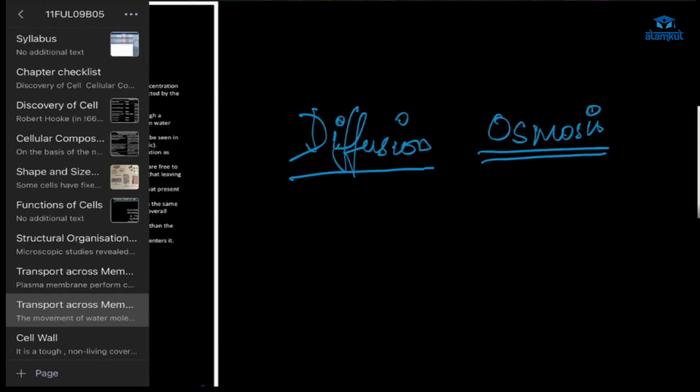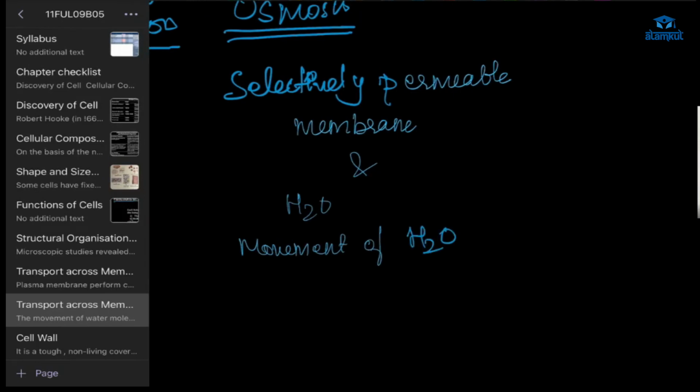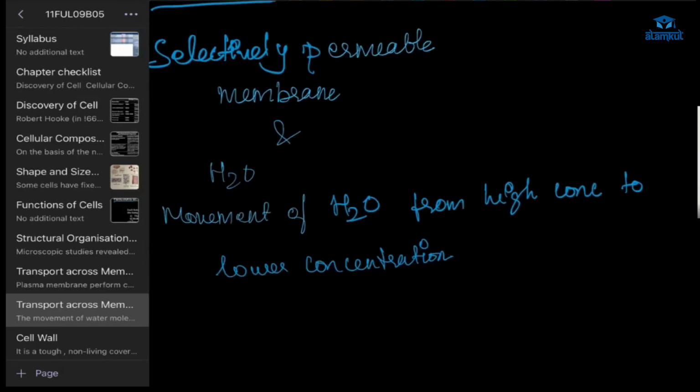In osmosis, there is water movement and a requirement of a semi-permeable or selectively permeable membrane. So, movement of substance from high concentration to lower concentration. Understood? Arham? Yes, ma'am, I understood.